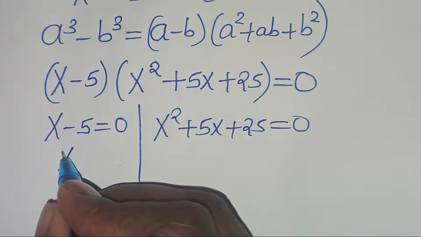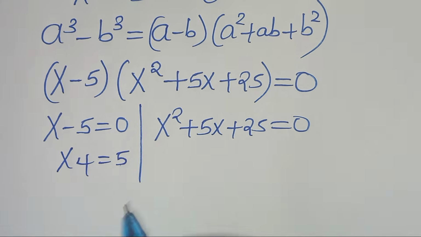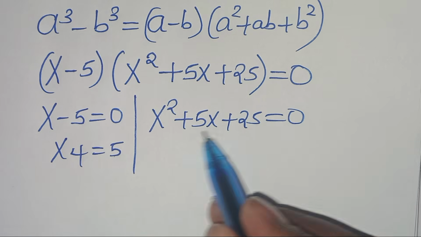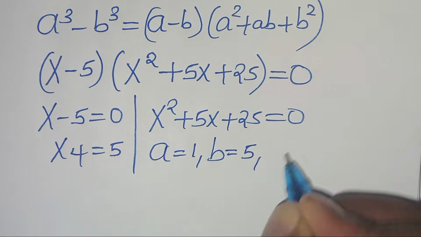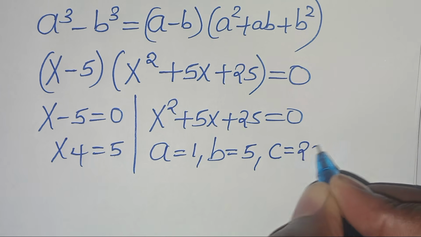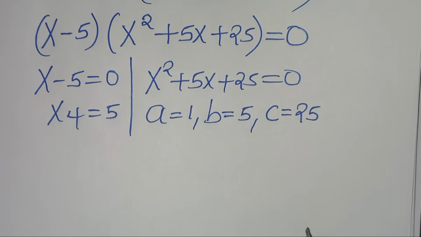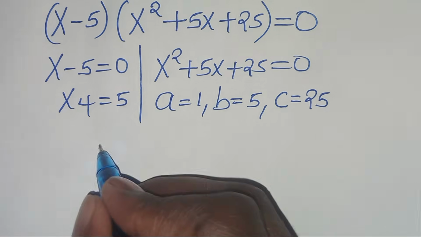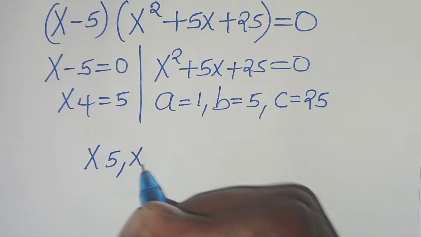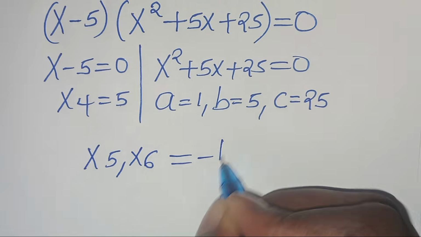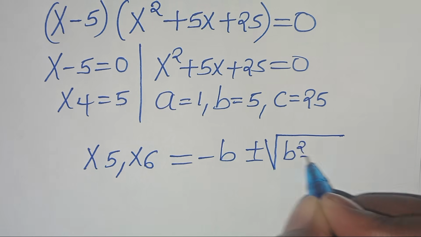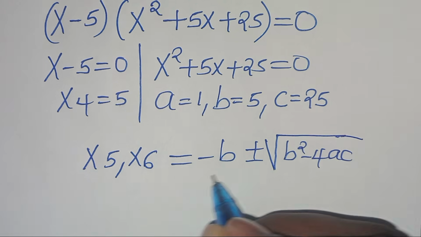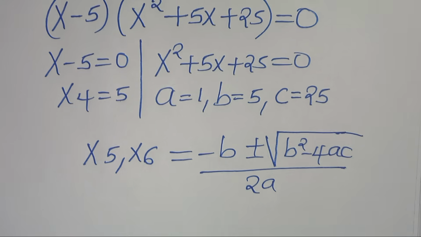So we have x subtract 5 equal to 0, then x to the power of 2 plus 5x plus 25 equal to 0. So we have x4 equal to 5. This is the second real solution that we have. Then this is a quadratic equation where a is equal to 1, b is equal to 5, and c is equal to 25. So let's solve for x5, x6, for which we apply the quadratic formula: minus b plus or minus the square root of b squared minus 4ac, divided by 2 times a.